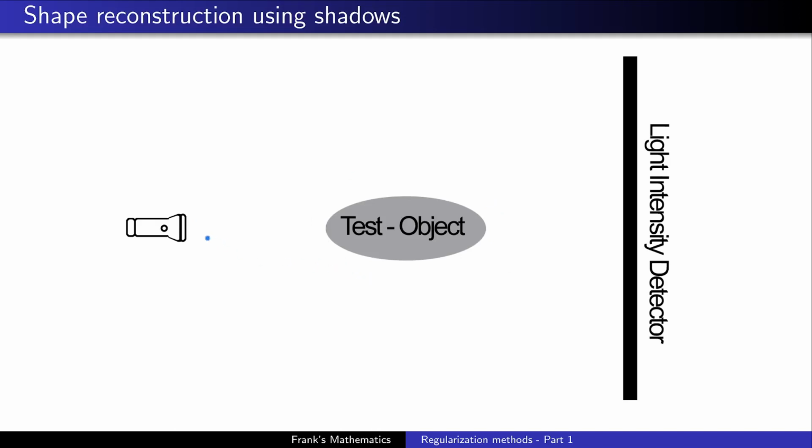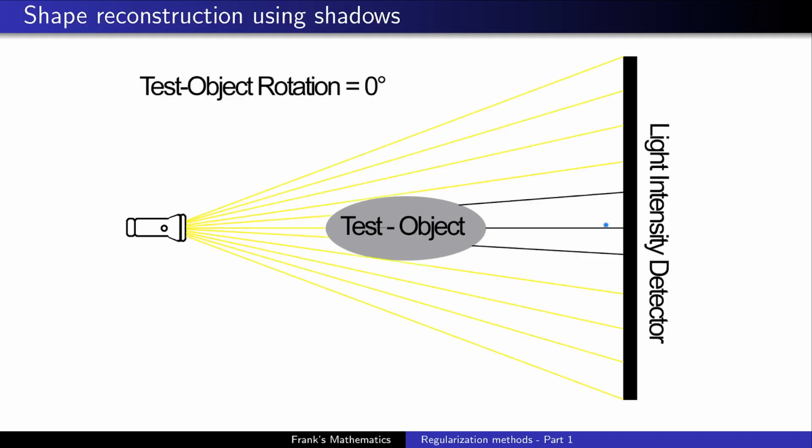And if our light source now emits light, and the ray of light is blocked by the test object, well, the light intensity detector will measure 0. Let's fire up our light source. There you go.